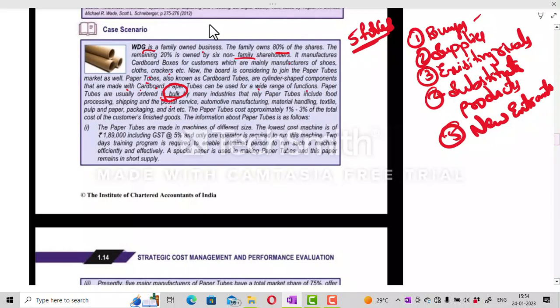The information about the paper tubes is as follows. See, up to here, what they have told, they are currently producing from cardboard. It will be used for these products, but they want to enter into the paper tubes market also now. It will be used by these customers, but the customers are ordering in bulk quantities and it costs only 1 to 3%, which means the cost is very less.